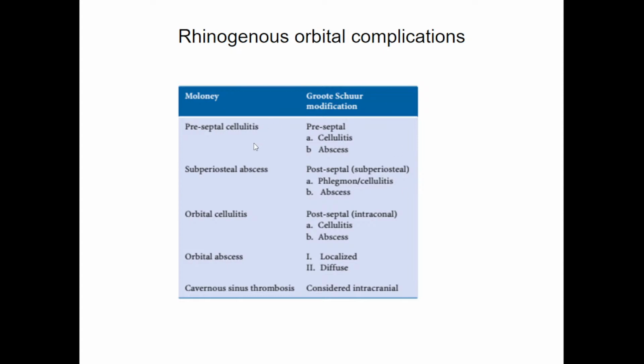This is another classification, by Moloney and the Groote Schuur modification. As for me, the Groote Schuur modification is the fullest classification, and it includes preseptal complication, cellulitis and abscess, postseptal subperiosteal phlegmon, cellulitis, abscess, and postseptal intraconal cellulitis and abscess. And also it may be localized or diffuse.